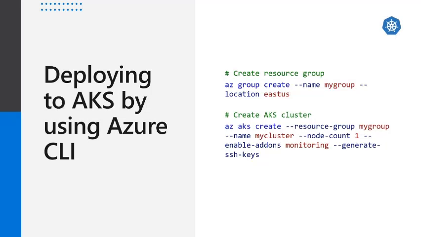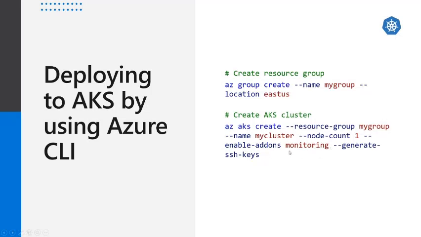When you create a resource group, you are asked to specify a location. This location is where your resources run in Azure. And then you simply create a cluster. Use az aks create with the resource group, my group, and then the name of the cluster, then the node count, and then enable add-ons monitoring, generate SSH keys.